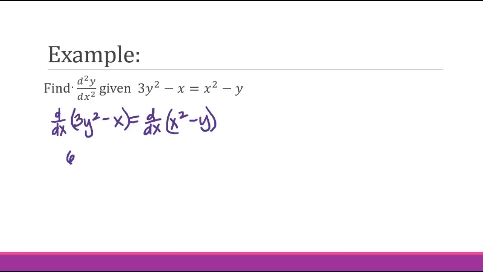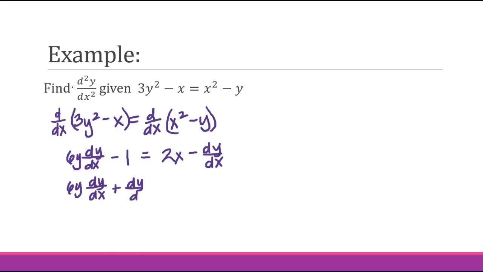We're going to end up with 6y dy dx minus 1 equals 2x minus dy dx. We'll go ahead and add the dy dx to the left-hand side, so 6y dy dx plus dy dx is equal to 2x plus 1.